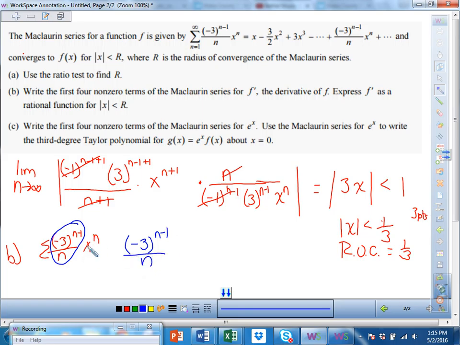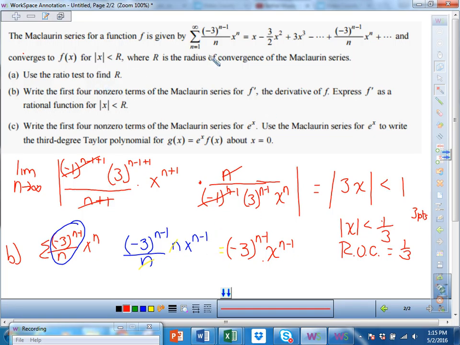Now, I have to use the power rule to take the derivative of this, which means n drops, and then I subtract 1 from the exponent. So the nth term would be -3 to the n minus 1 times x to the n minus 1. Okay?